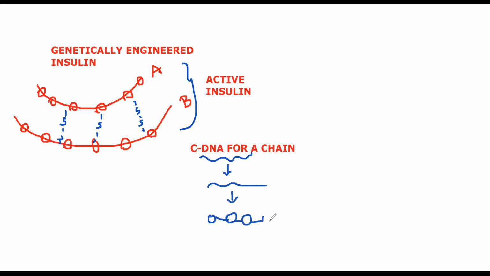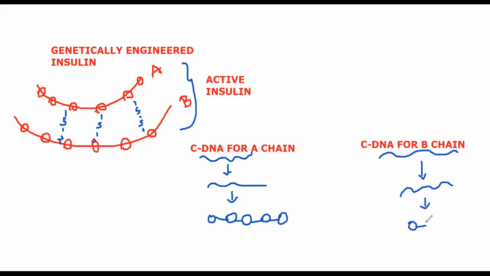A chain for insulin, and similarly we can take the cDNA for B chain, complementary DNA. From this, transcription gives mRNA, translation gives a protein for B chain.